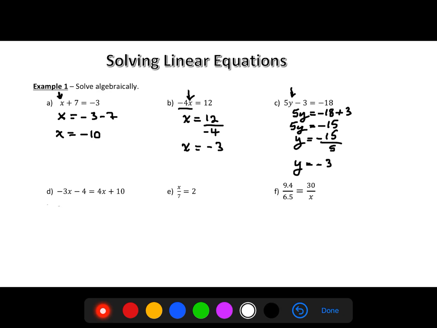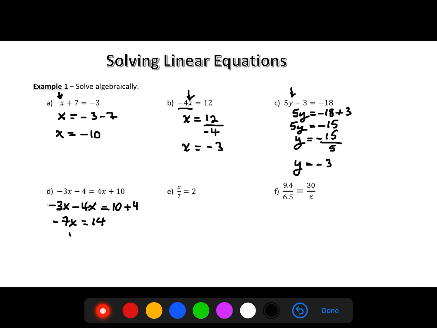For part D, now we notice that we have more than one x term. Well, we need to put any like terms together. So we're going to move all of our variable terms to one side, all of our number terms to the other. So we had -3x here. We're going to take our 4x over with that, where it becomes subtract on the opposite side. We had 10 over here.